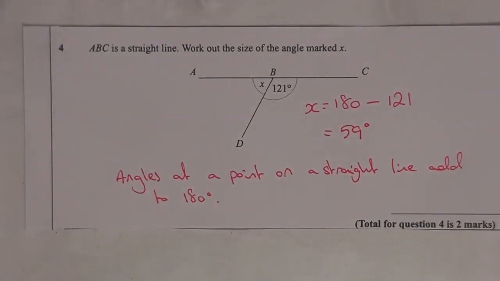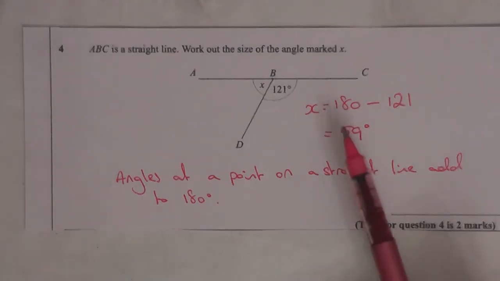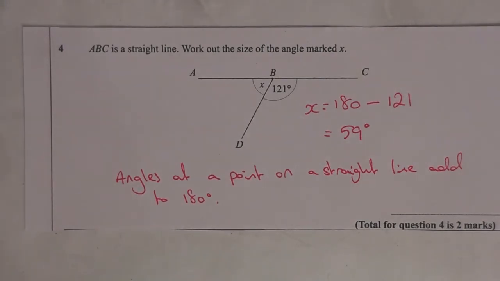Nice quotable fact that we can use. Admittedly, this question doesn't ask us to give a reason for our answer, but if it did, that is exactly the reason that we would give, because that's the fact that we've used. That explains why we have used 180 and why we have taken away the 121 from it.